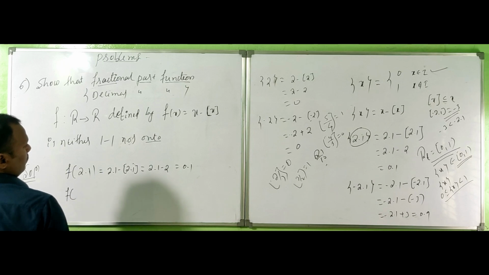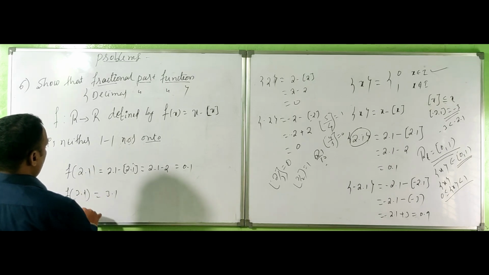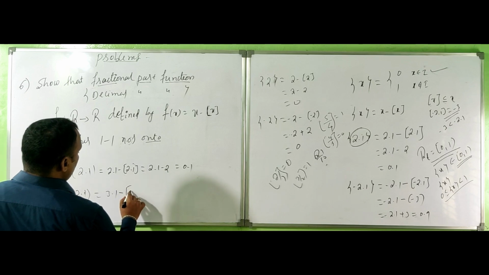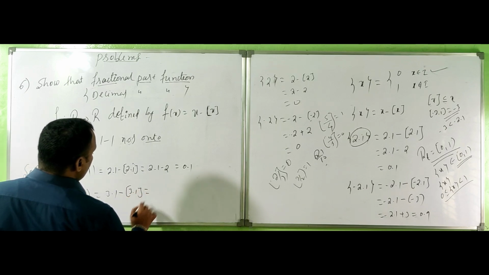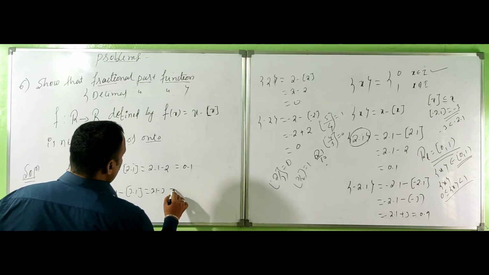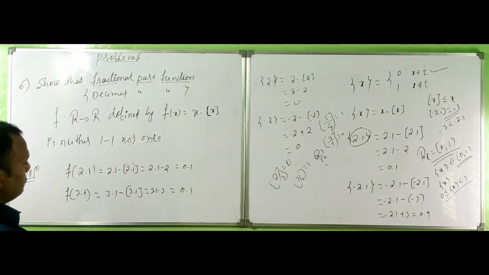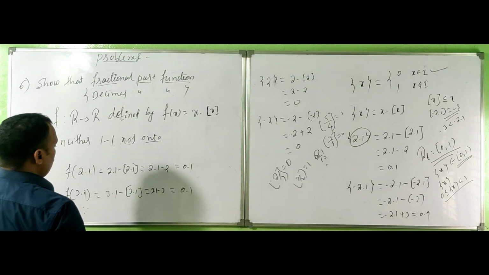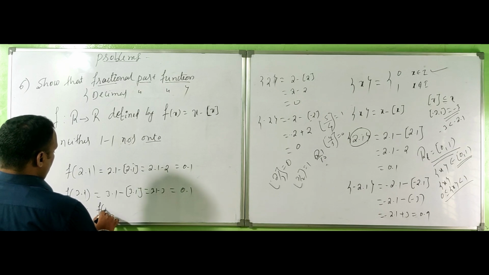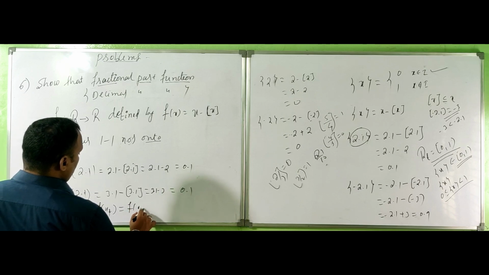Now take 3.1, so 3.1 minus 3.1's mod, that is 3.1 minus 3, which is equal to 0.1. Therefore, f of x1 is equal to f of x2.